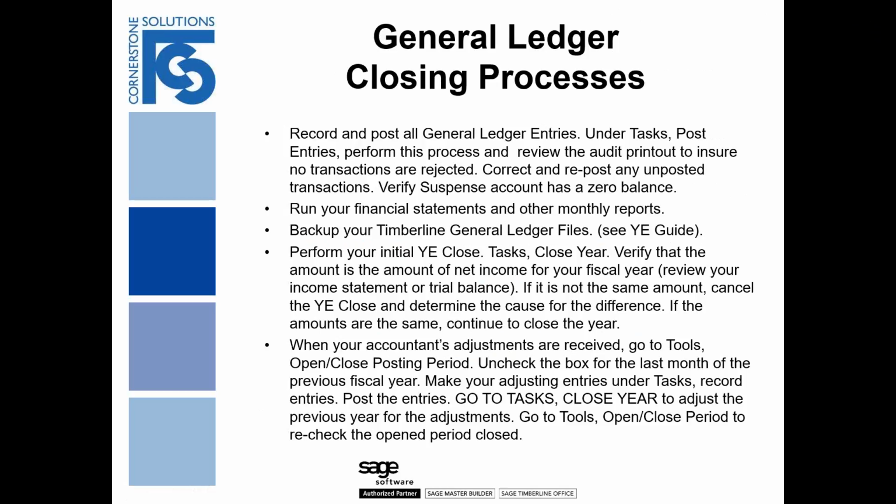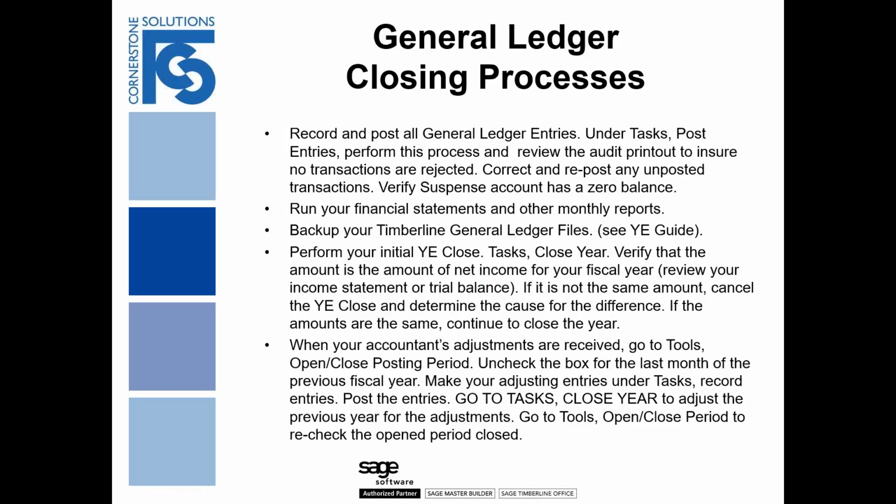The first thing that you're going to want to do with general ledger, as we have in the slide here, is to record and post all entries for the prior year, if you can. Now, I understand that you're going to have entries that arise after you've closed the year, perhaps sometime in February, March, April, whenever it may be, after your tax returns are done, after your accountants are done with your books or your audit is complete.